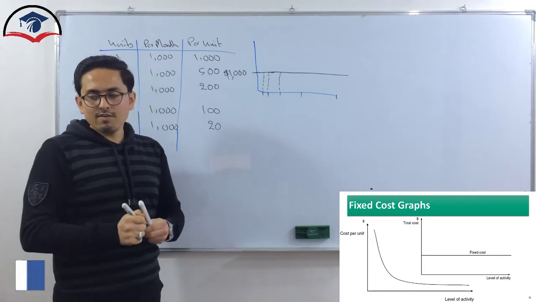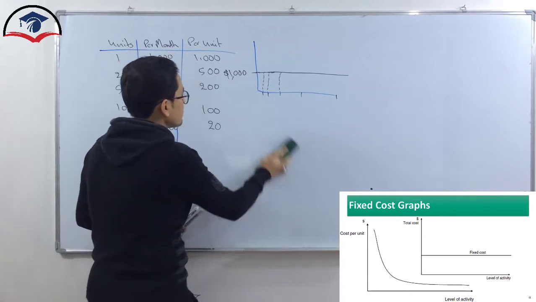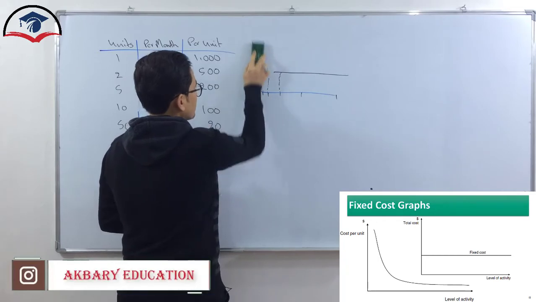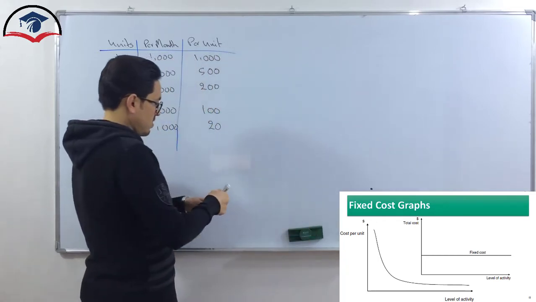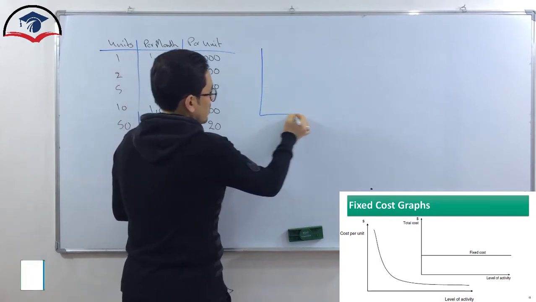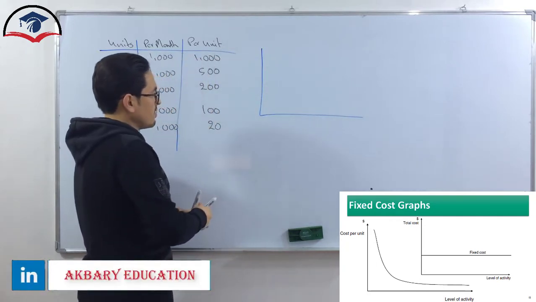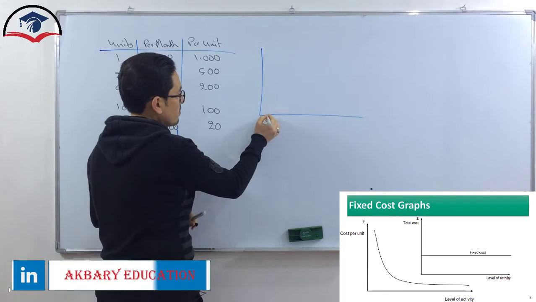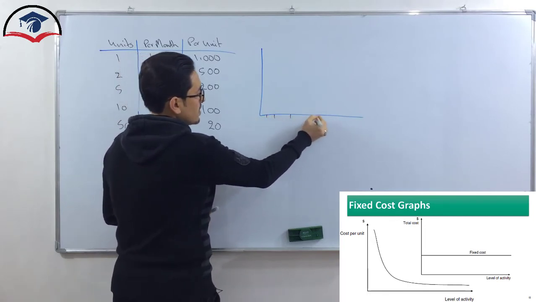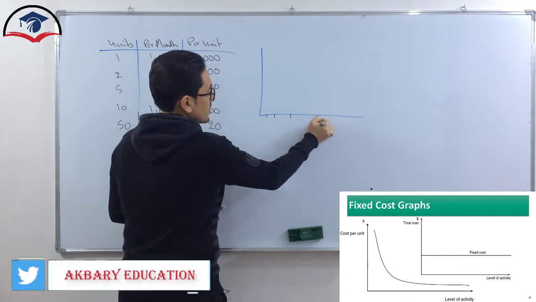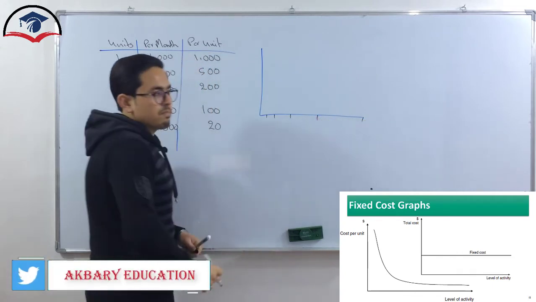Let me go to the graph of the per unit basis. Suppose this is the graph and I'm producing 1 unit, 2 units, 5 units, 10 units and 50 units.